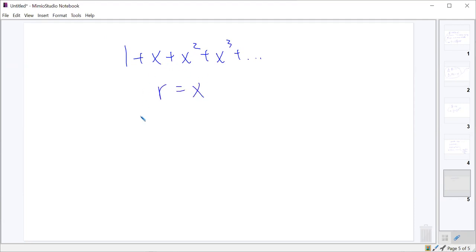This series, which can be written as the sum from n equals 0 to infinity of x to the n, should then represent the function a over 1 minus r, first term over 1 minus x. This was the first series that we really started talking about in terms of algebraic stuff. It's called a power series, and all of our other power series can pretty much be developed from this.